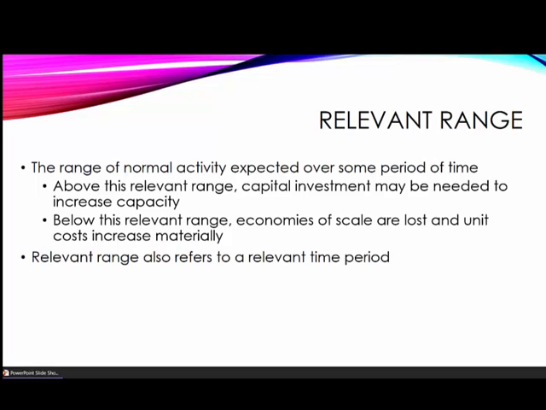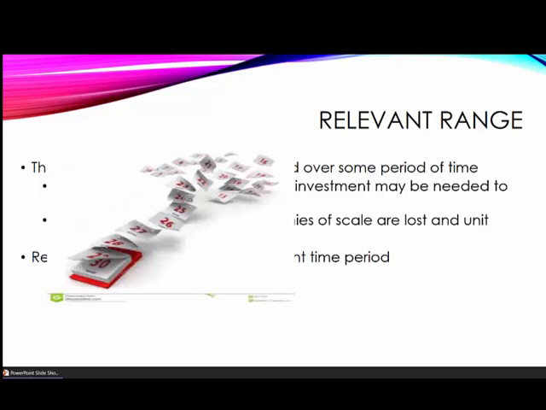We can also talk about a relevant range over a time period. So for example, if I'm trying to predict my costs, I can do that maybe over a year. But if I'm trying to predict how much it's going to cost me to make muffins 20 years from now, most of my estimates are going to be wrong. So we need to keep our time frame close.